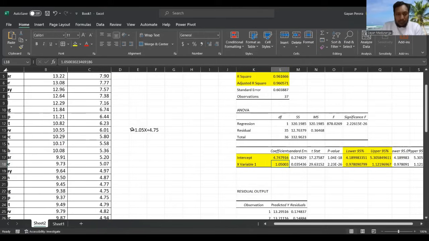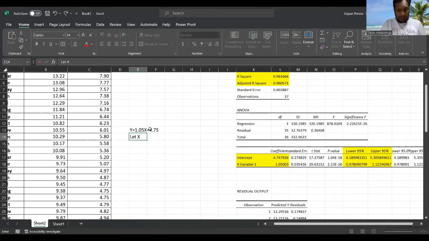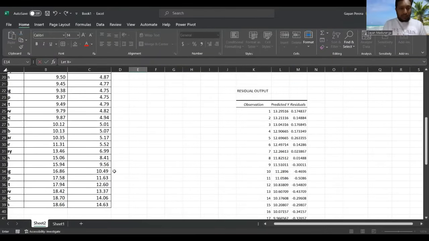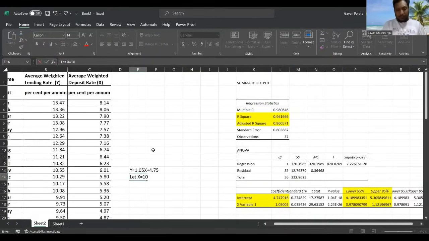Now let's use this equation to predict a value. Let X equal the interest rate. Let's say we predict 10%. So how do we get the output? 1.05 times 10 plus 4.75.